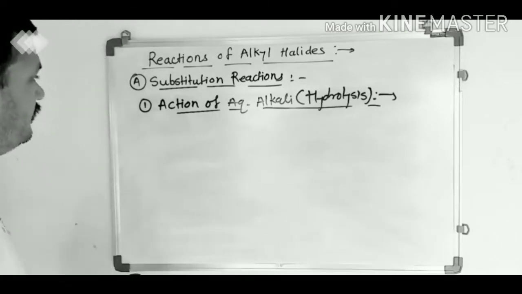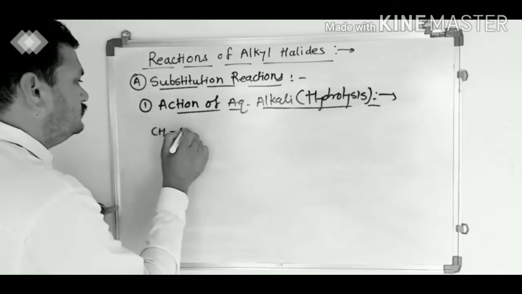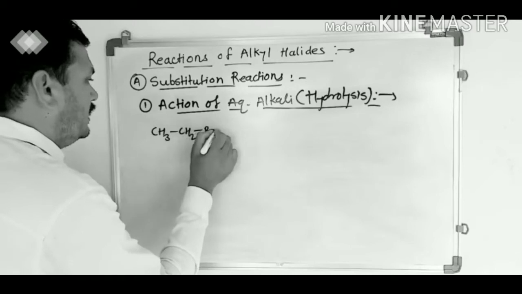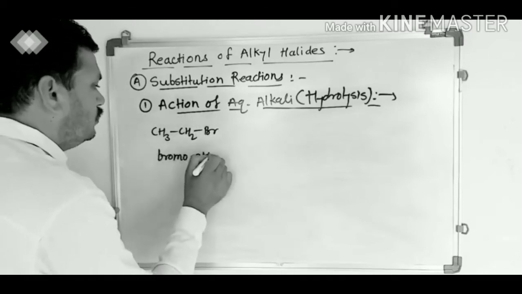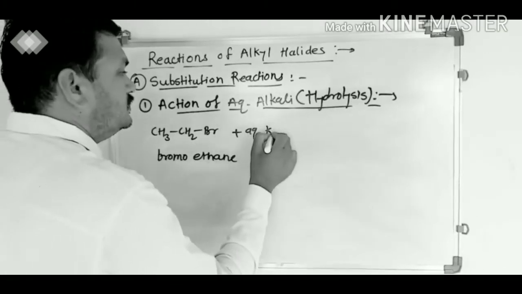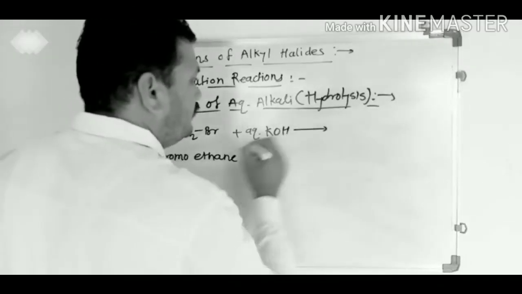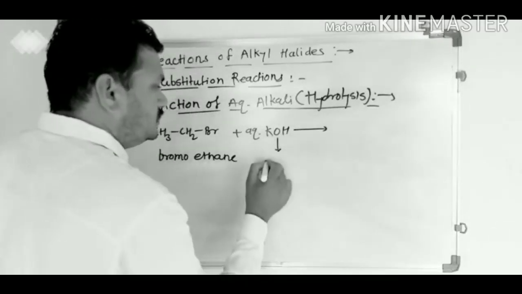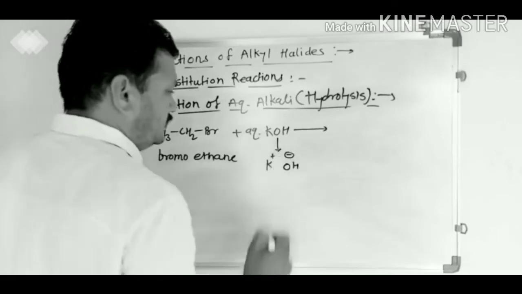For that, we will take the example of ethyl bromide or bromoethane. When it is treated with aqueous alkali, that means aqueous KOH, and we know that KOH dissociates into K plus and OH minus.